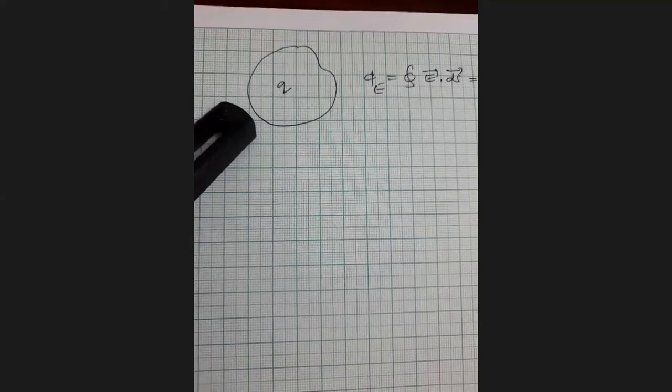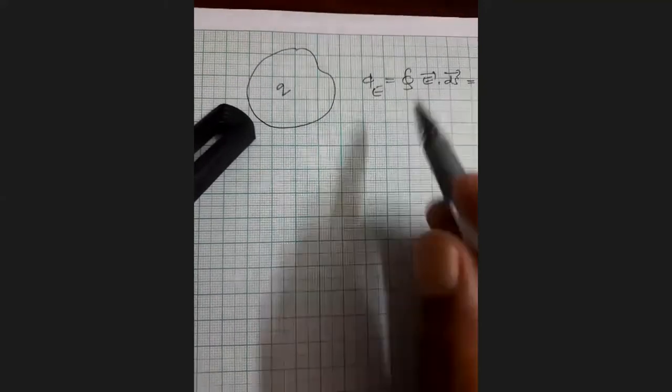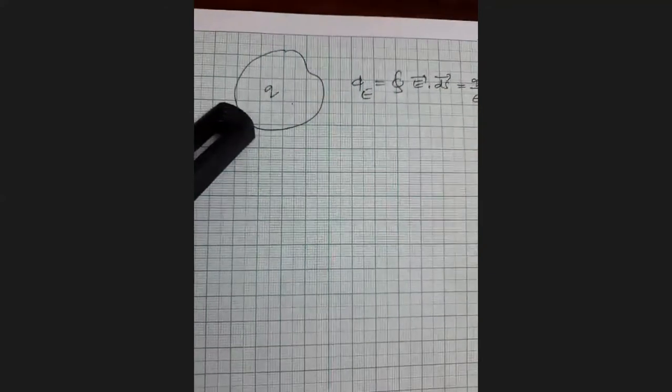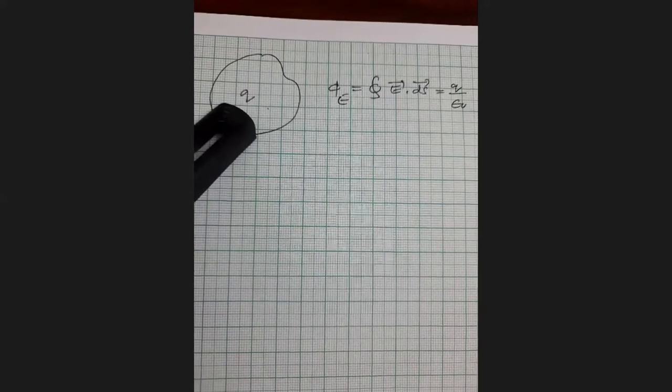So the statement is: the flux coming out through the closed surface is equal to 1 by epsilon naught times the charge enclosed by that closed surface.